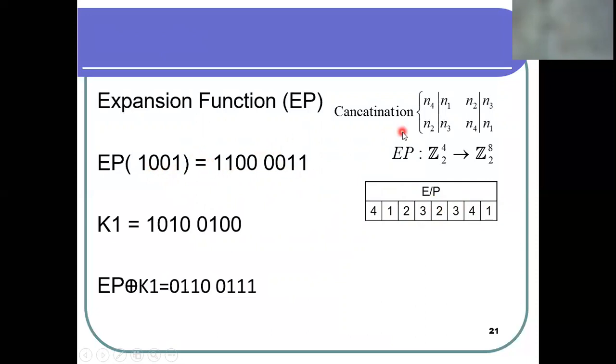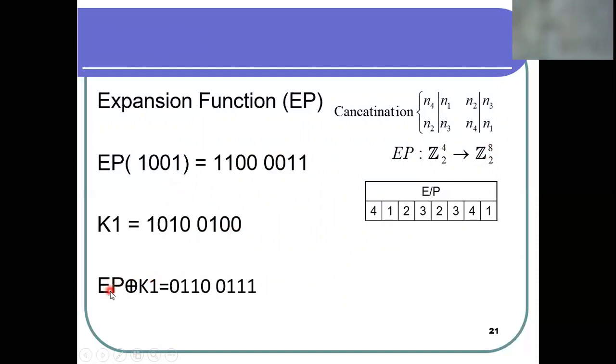If I define the expansion function in terms of an expression, it is a function that takes 4 inputs whose ground field is Z2 and maps them onto an 8-dimensional vector space over our binary field Z2. So this is our first sub key, that is 10100100.